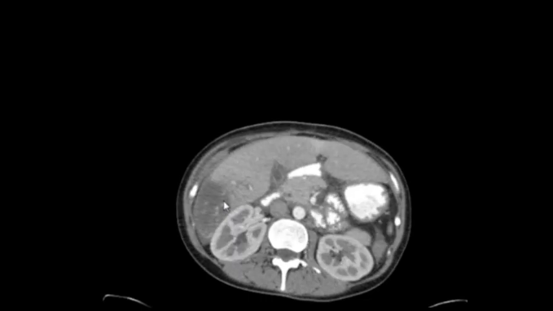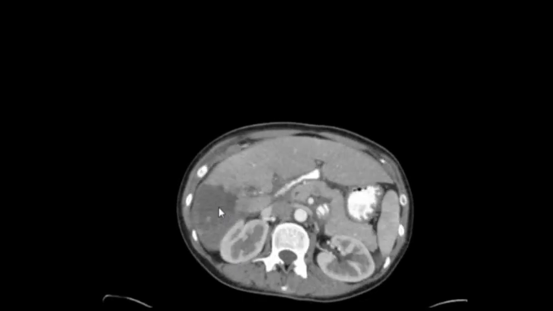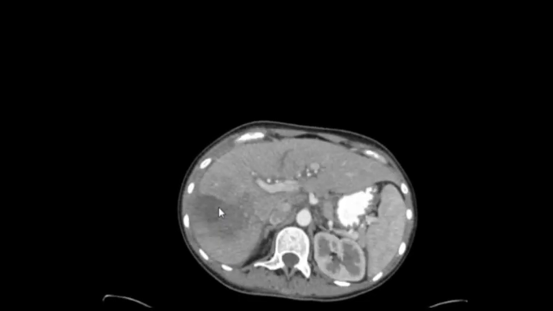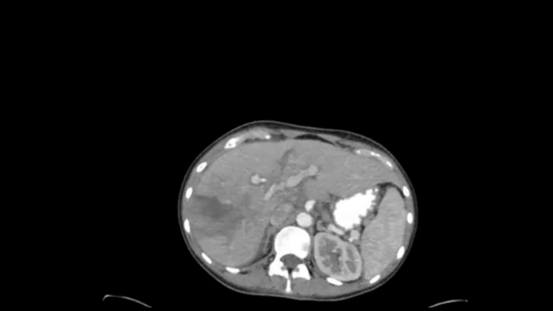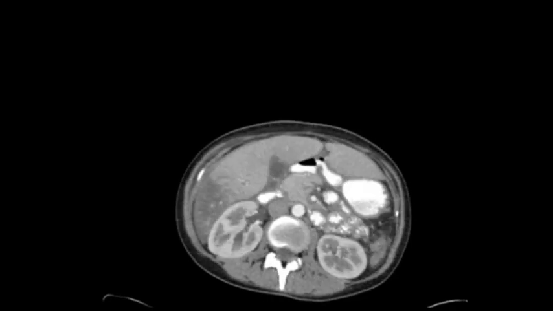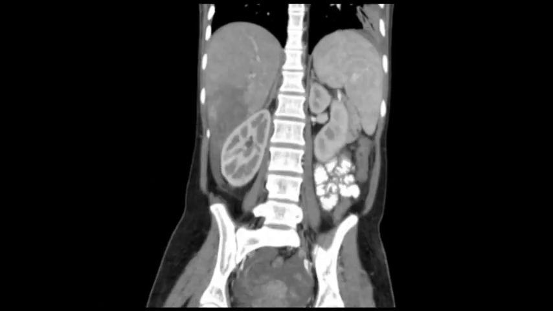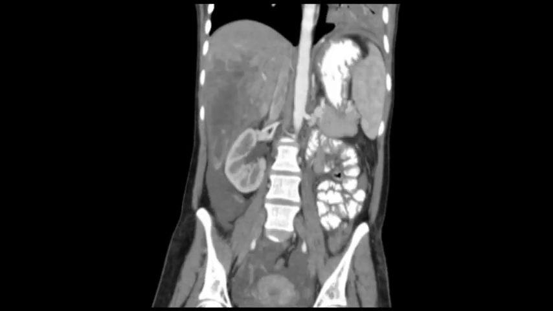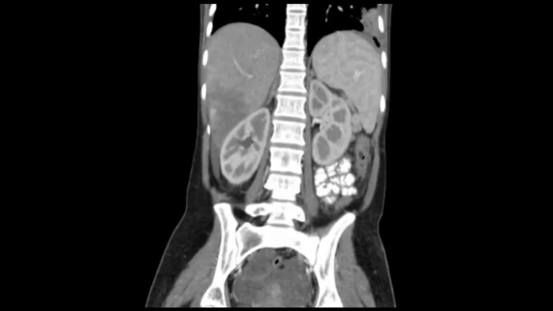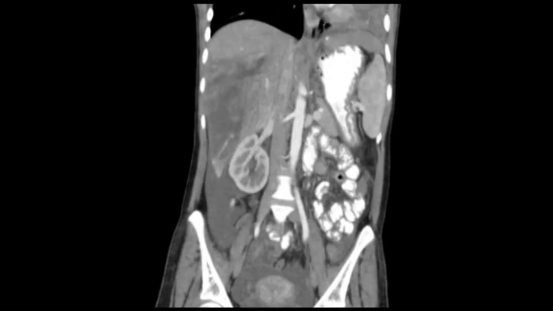So it is most likely a liver laceration with a large non-enhancing subcapsular hematoma, and this explains the subhepatic and pelvic dense ascitic fluid. The spleen is enhancing normally, and there is no injury to the spleen or kidneys.